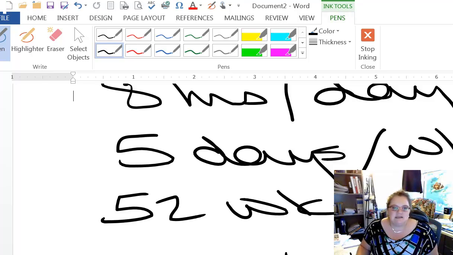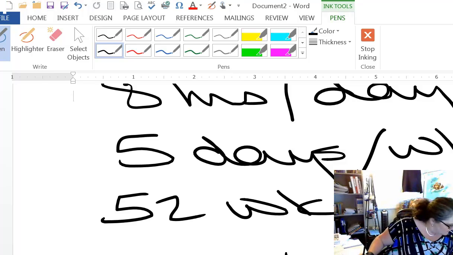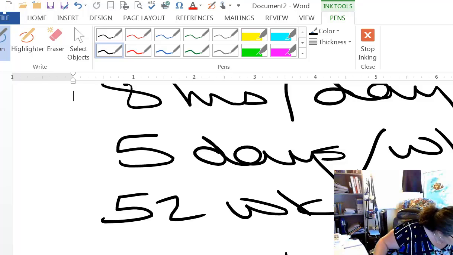And in activity 2, it goes back and forth between two numbers.